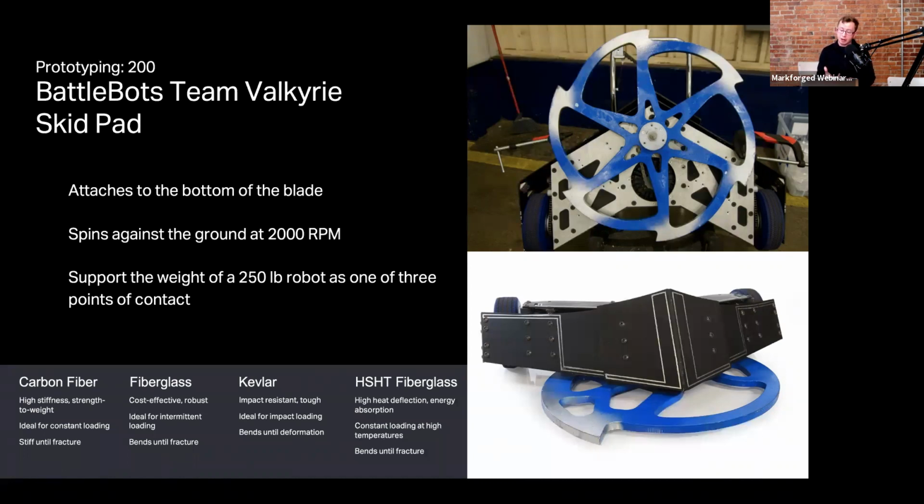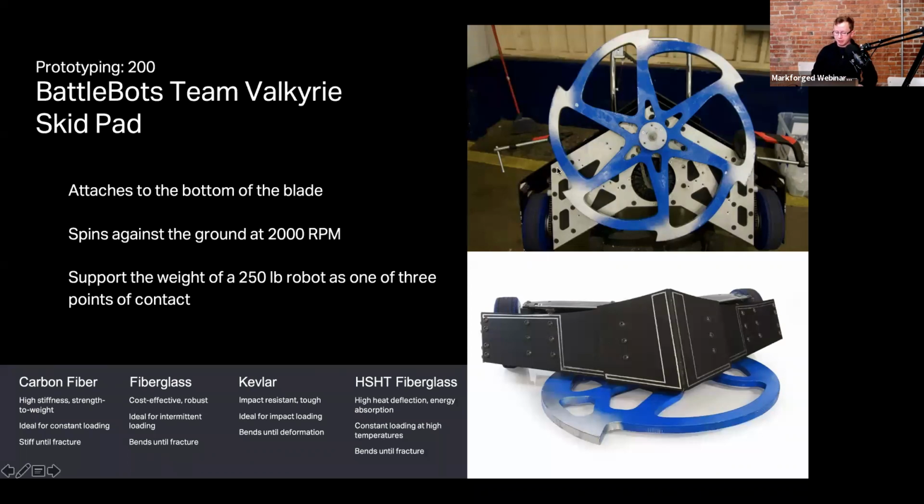So that geometry, before they started machining these final UHMW skid pads, is super important to get right. So please fill in the poll: what type of fiber would you use in this situation?